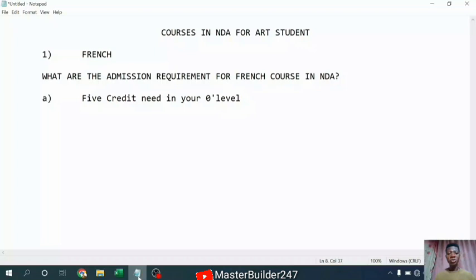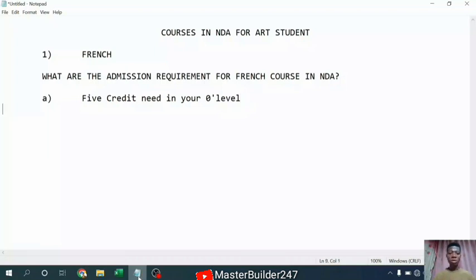The O level could be your WAEC, it could be your NECO, or whatever you are using to apply for admission into NDA. So you need to have at least 5 credits.